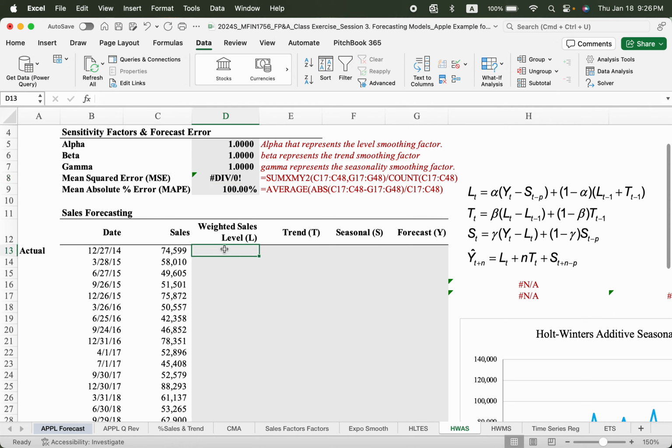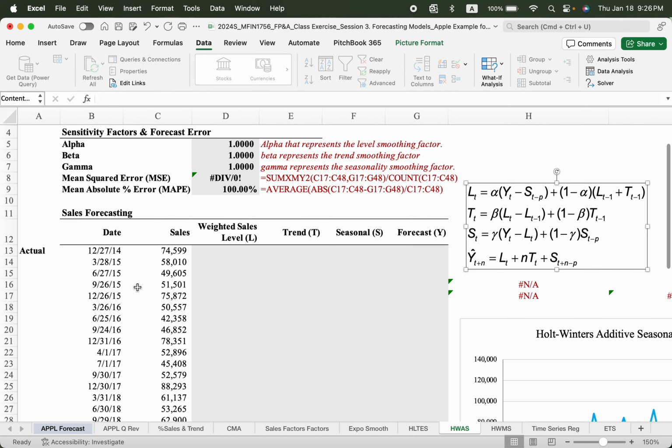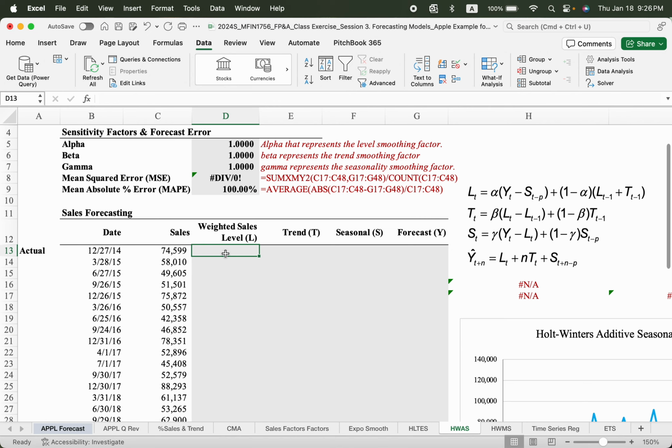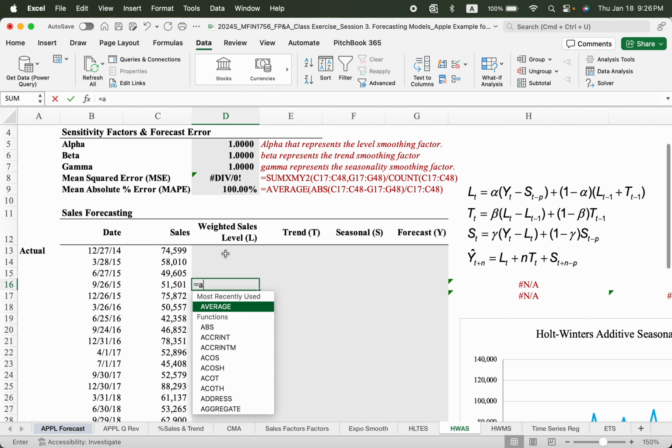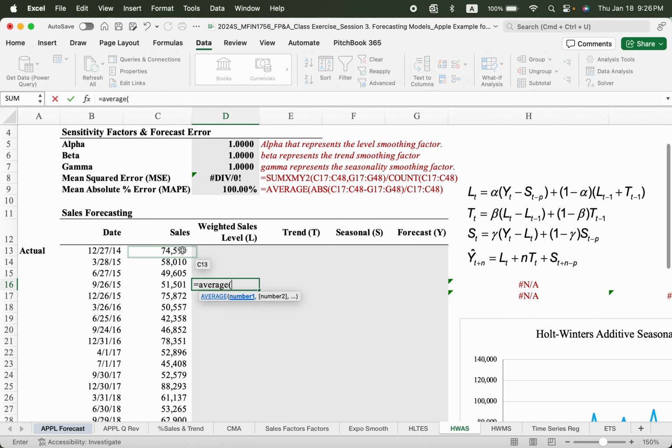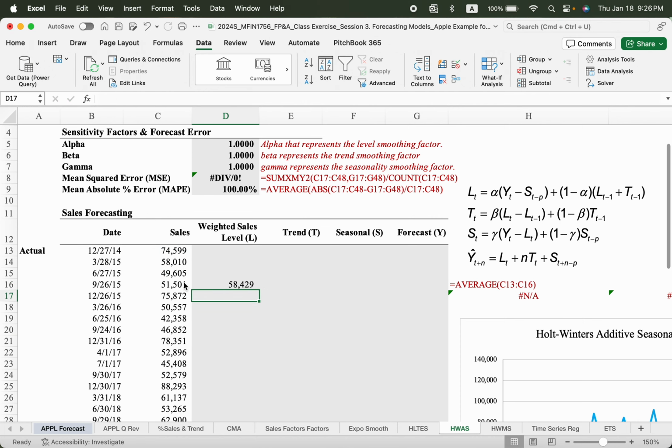So here, for example, the weighted sales level, we cannot calculate yet because we need the same quarter of the prior year, right? So that takes the other 4 quarters. So here, now the starting point, the weighted sales level, inevitably we have to just use the average. Okay, but it will not affect from then on, right?